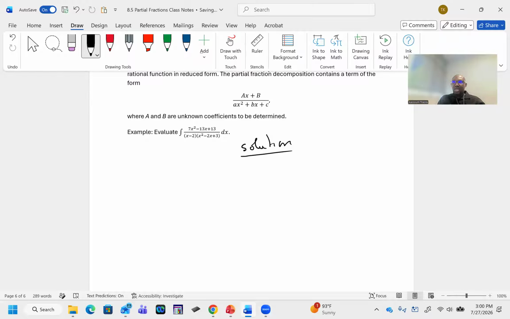Now note that the quadratic factor is irreducible because we cannot factor this one anymore, right? So I will always try. That's the first thing. You look at the denominator, which is x minus 2 times x squared minus 2x plus 3. This term is not factorable. We cannot factor this one.